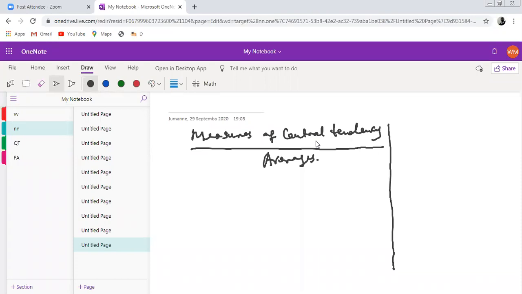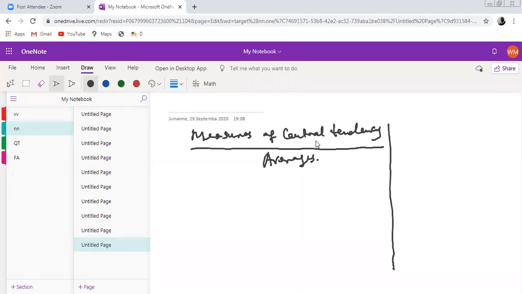So if, for example, 50 students sit for an exam, and as a trainer or teacher I go and mark your papers, and after marking I want to know what was the mean score for that particular exam, I simply add all your marks and divide by the number of students, and I will get my mean.